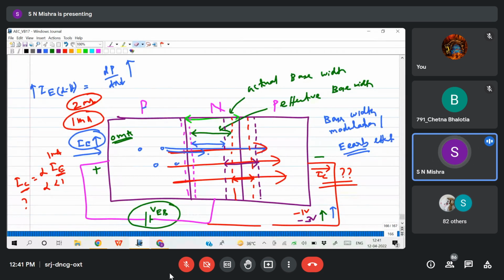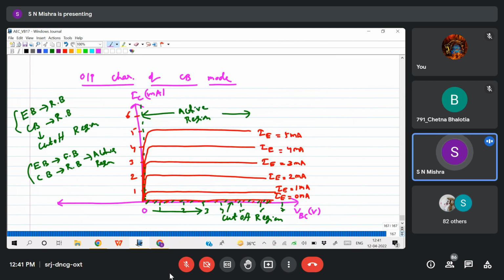So N is connected to positive, P is connected to negative. So this is your VBC positive. If you take VCB, then it will be negative. Okay, VCB negative, VBC positive.